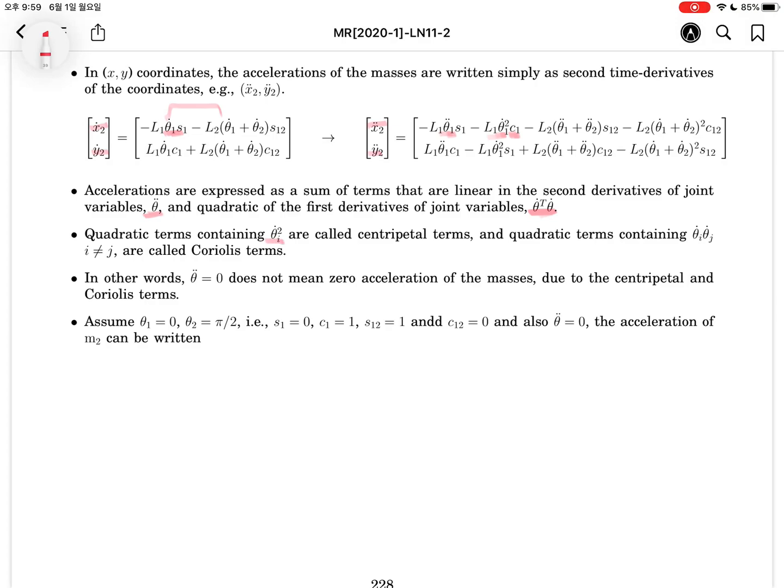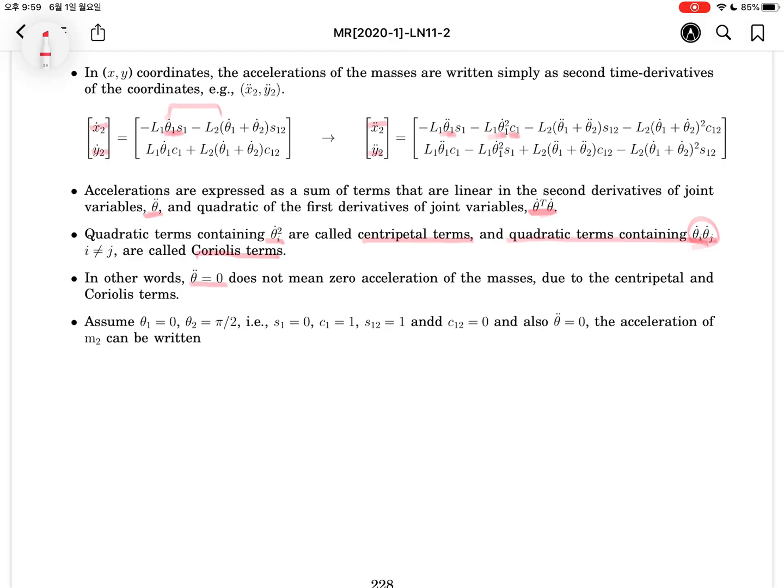As mentioned before, theta 1 dot square terms are called centripetal terms. On the other hand, quadratic terms containing theta i dot and theta j dot, where j and i are different from each other, are related to the Coriolis term.